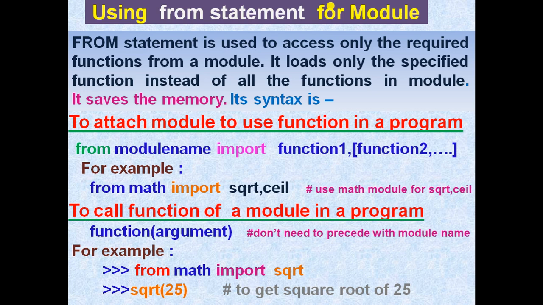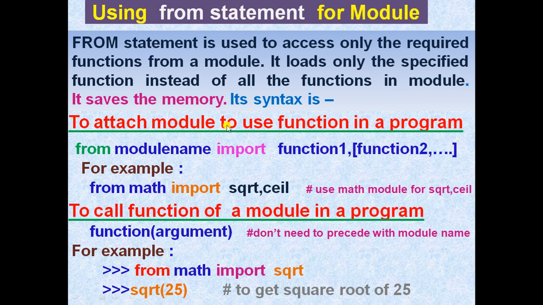But we may have to use only 2 or 3 functions. For doing so, we use the from statement. The from statement mainly allows the programmer to use only the required functions from a module. It loads only the specific functions instead of all functions in a module. Thus it saves memory.